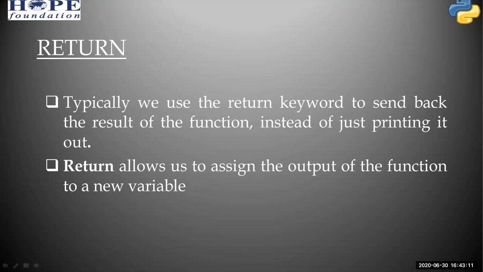Okay, so you can store your function result into a specific variable by using return. So if you are using the print function, you can't save any values which you have computed inside your function. Okay, so return allows us to assign the output of the function to a new variable.